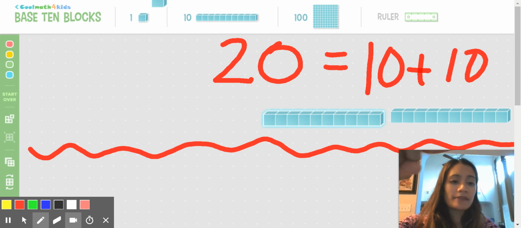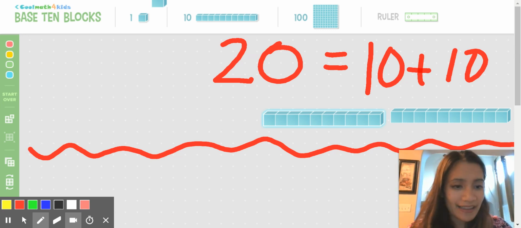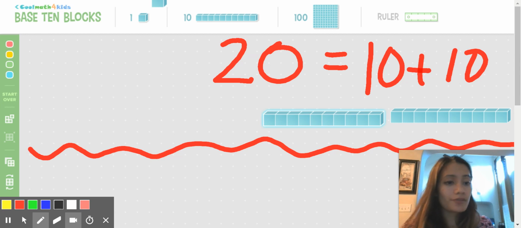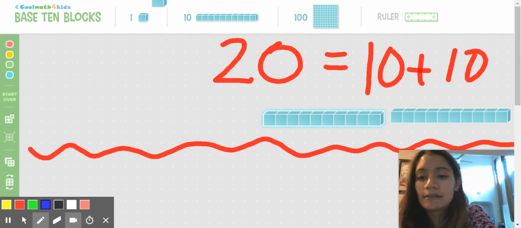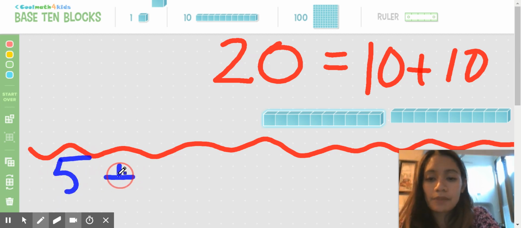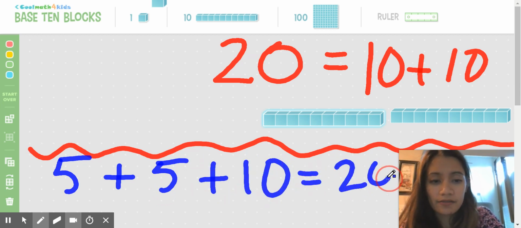So in my top example, as you can see right there, 20 equals 10 plus 10. Another way that you could have done it, if you were adventurous, you could have said 5 ones plus 5 ones plus 10 equals 20.